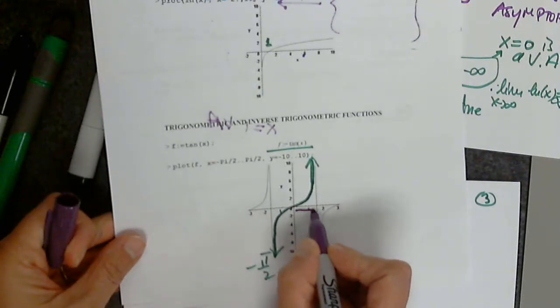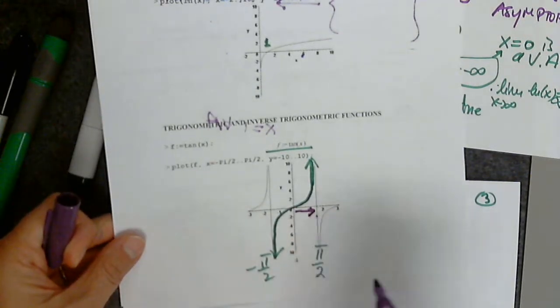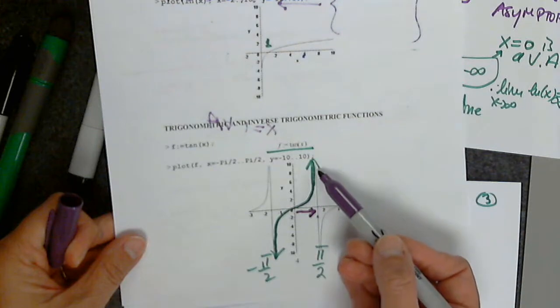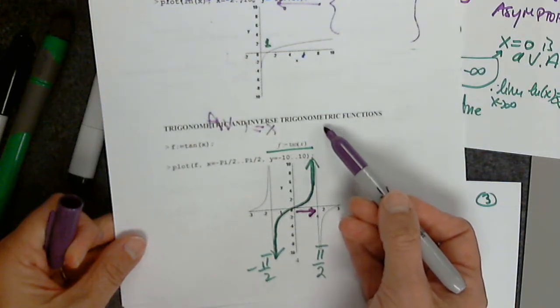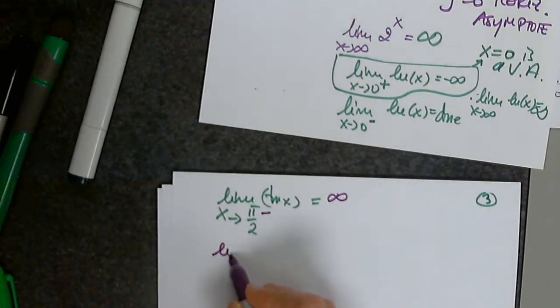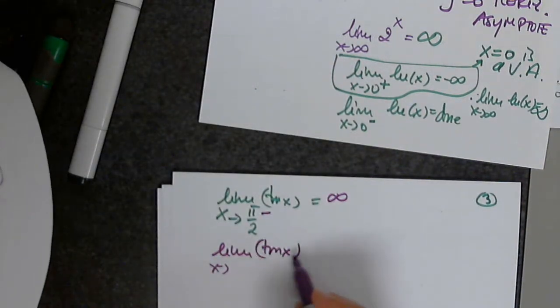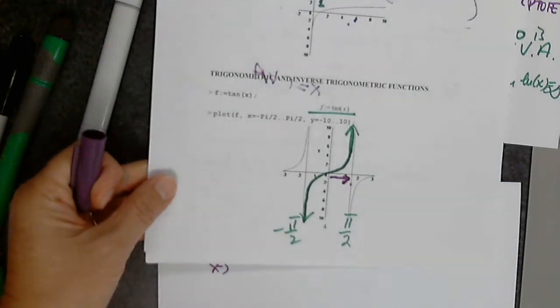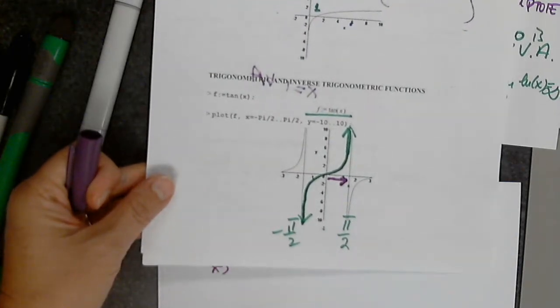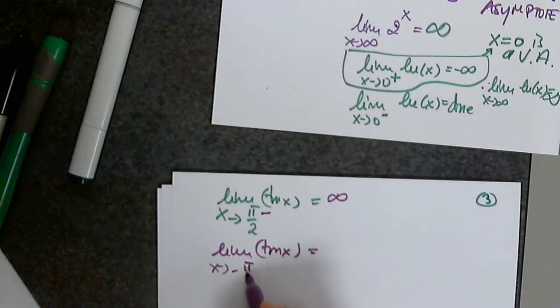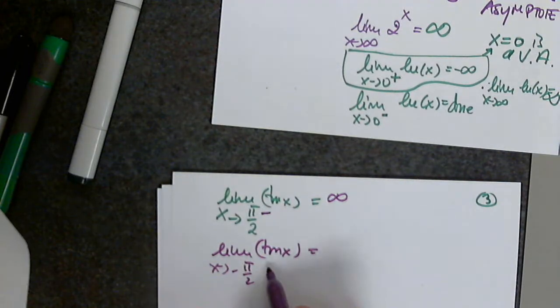As x approaches pi over 2 from the left, where do the function values go? Okay. And then limit as x approaches, what else can I ask you? Very good. Negative pi over 2 from the right.